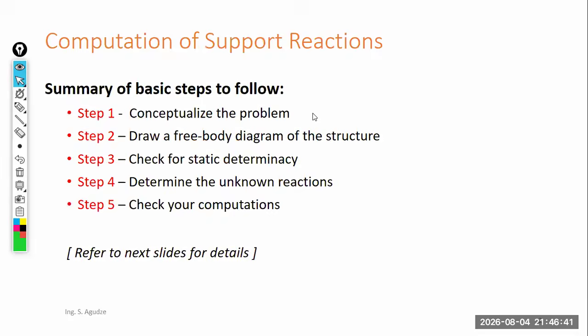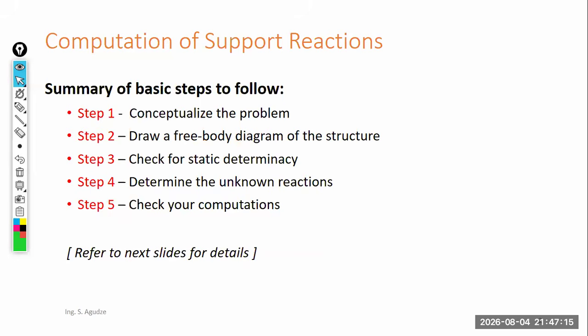how we go around it. So if you are doing computation of reactions, the basic step to follow is you conceptualize the problem, which means you need to, first of all, look at the problem, understand the problem, devise strategy of how to solve the problem mentally, right? So you don't only start working, you first have to understand the problem mentally. Then you need to draw free body diagram of the structure.